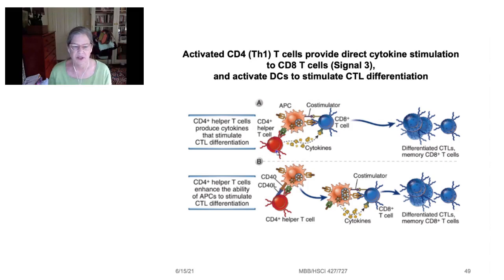So if you have a T helper cell and it knows that an APC has the antigen, even a dendritic cell, so let's say you've got a memory CD4 helper cell, and it sees that an APC is putting up, on class 2 MHC, the same peptide that it normally recognizes, then it can get activated further and dump cytokines on this whole schmear, which allows CD8 T cells to differentiate even more and to become good memory CD8 cells.